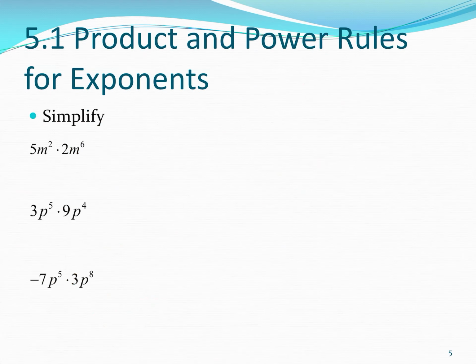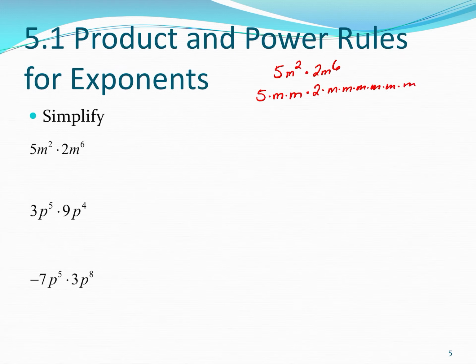Now, if the product rule does apply and it works, then it's pretty simple. You just simply keep the base, add the exponents. So let's look at a couple other examples here. So again, I'll write this out in a little more detail than probably needed. If you take this first example and you again think about literally what it means, well, it's 5 times m, because again, our base is m.